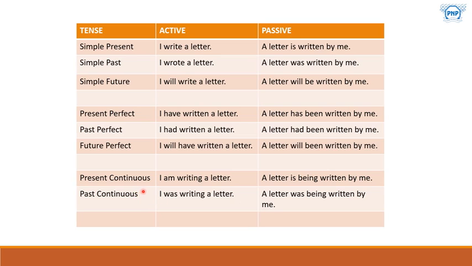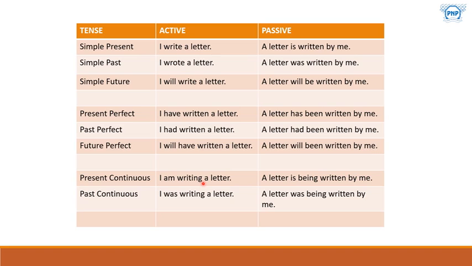Next one is present continuous. I'm writing a letter. To show continuity, we need to use being. Whenever any continuous example is there, we have to use being in the sentence. A letter is being written by me means the work is still going on. The writing of the letter is still going on.